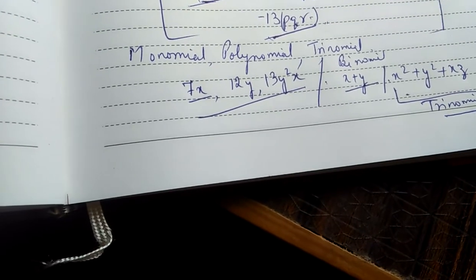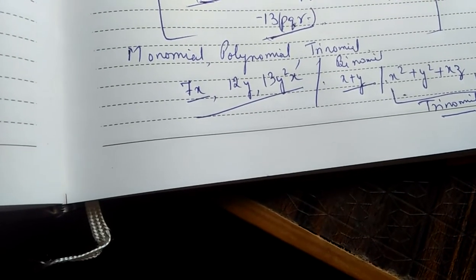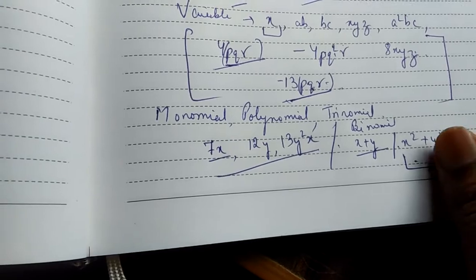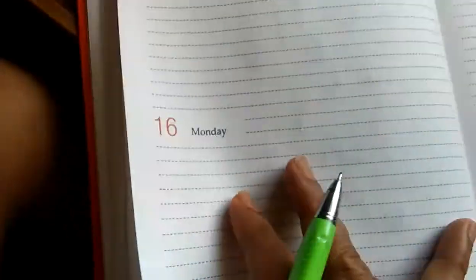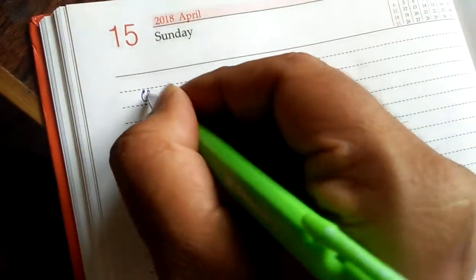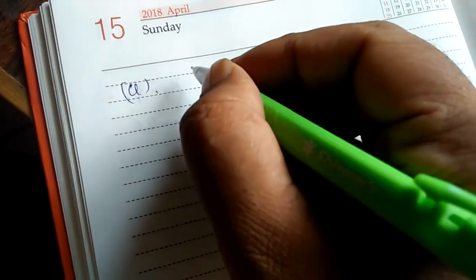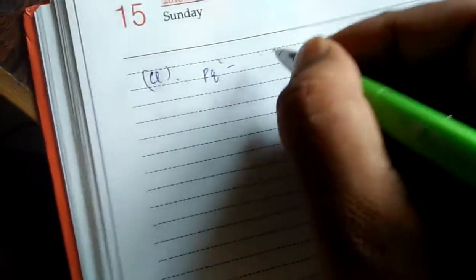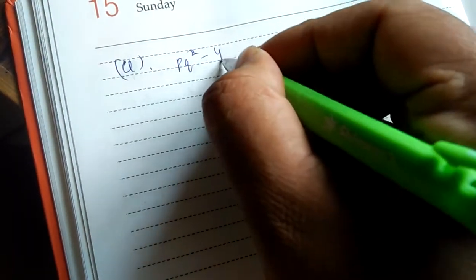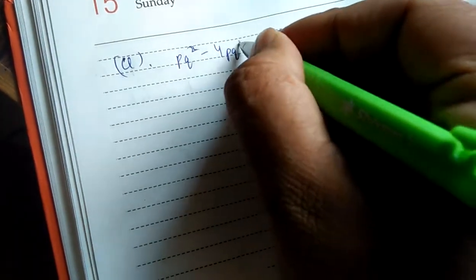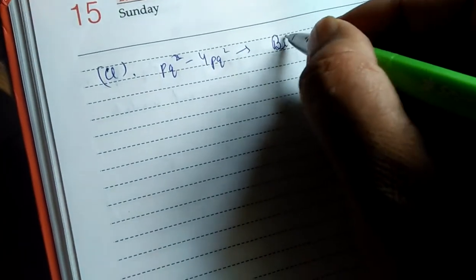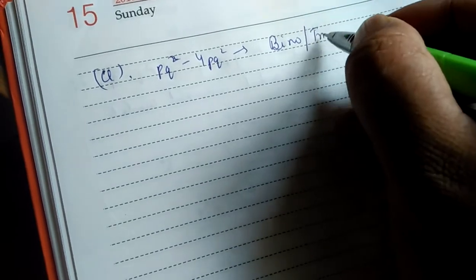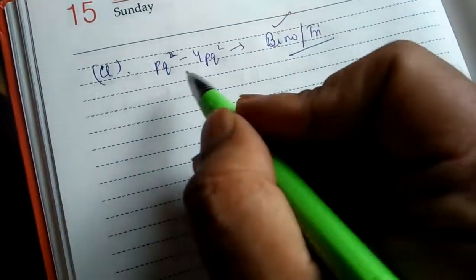Okay, simple enough. So let's solve a question. Let's say pq square minus 4pq square, is it a binomial or a trinomial? So this is a binomial, this has two terms.